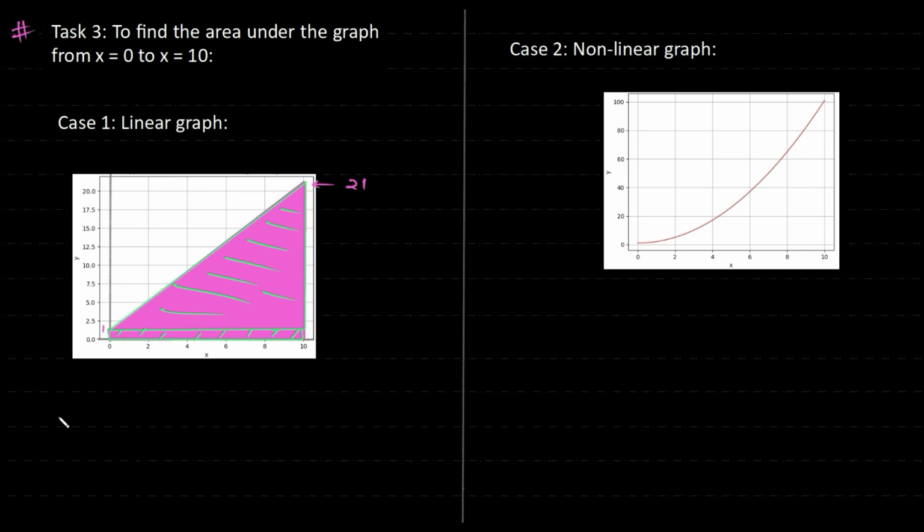So the underlying principle over here is that I am able to divide it into parts. The number of parts that we divide into can vary. Then calculate each area and finally add them up.